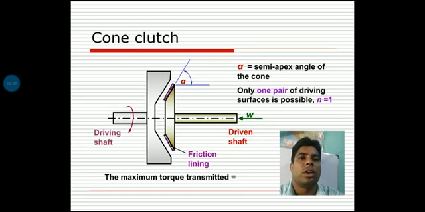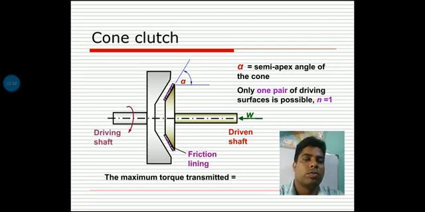Now next point is cone clutch. Now in cone clutch, if you see the figure, it behaves just like a cone, and the shape of the cone is just like a frustum.